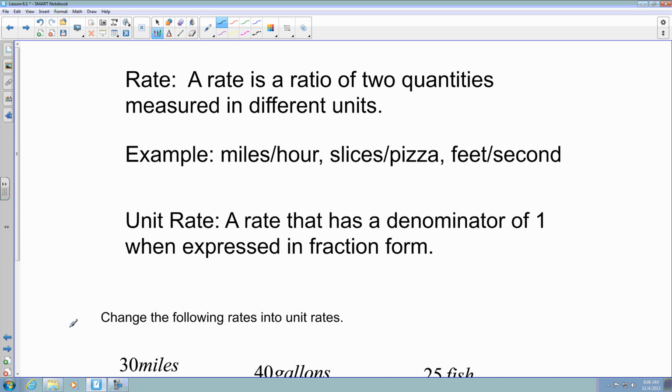The next thing we're going to talk about in this section is rate. A rate is a ratio that has two quantities measured in two different units, like miles per hour, feet per second, stuff like that. A unit rate is a rate that has a denominator of 1 when expressed in fraction form.